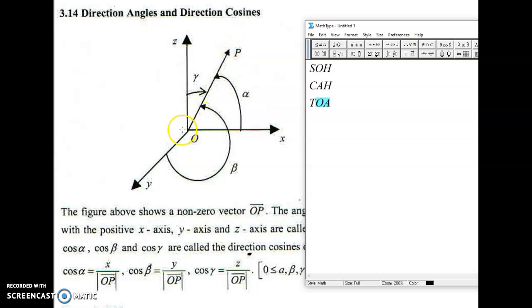Assuming that we have this vector p, we can of course calculate the length of p, which will represent the hypotenuse. So yes, we have the hypotenuse. Out of these three, the possibility is to use either sin or cos, not tangent. Let's look at everything.